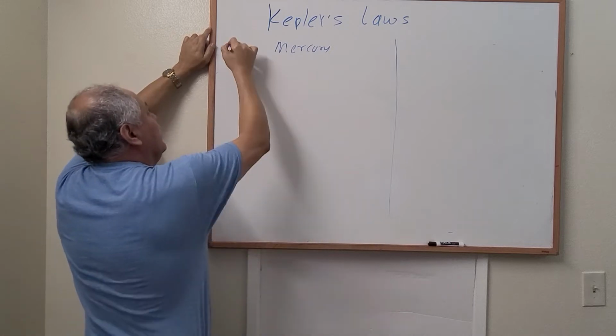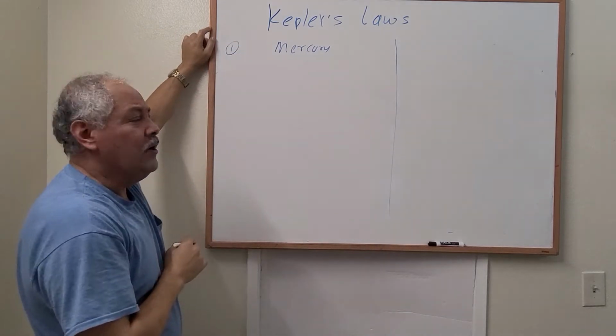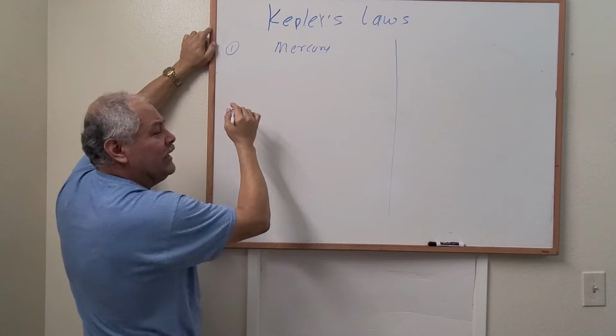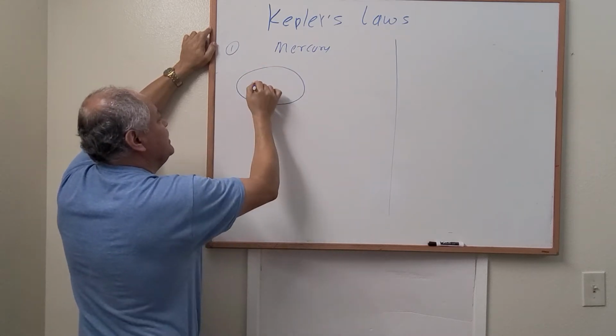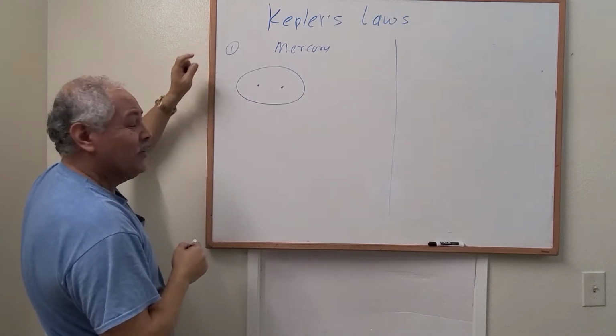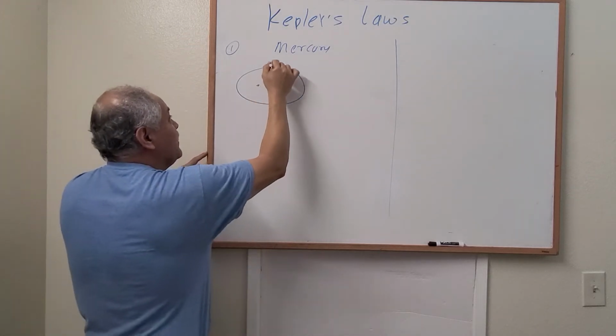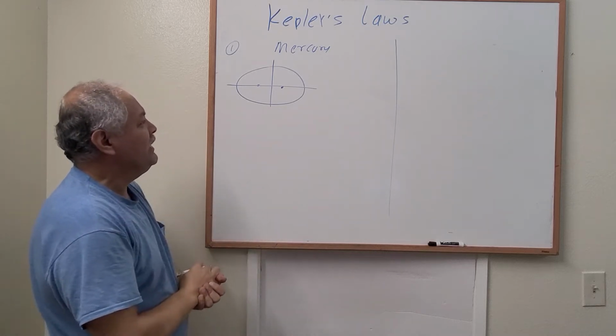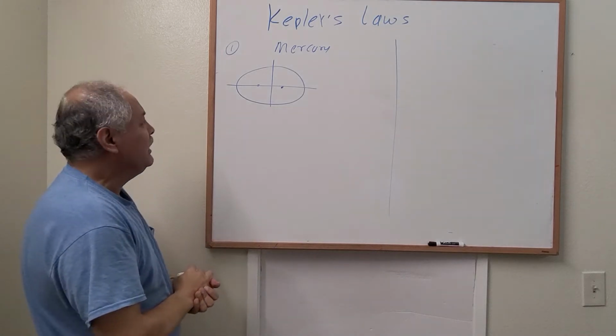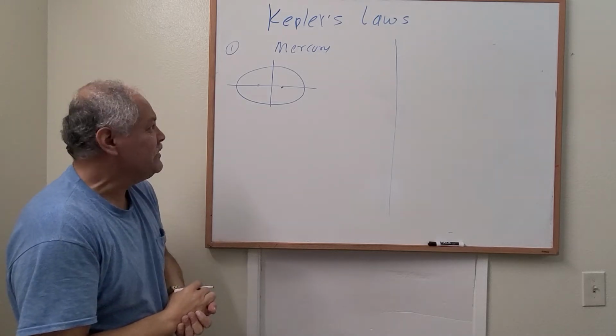This is for Kepler's first law. When we create an ellipse, like in this case, imagine we have these two focal points, correct? Now, we also create those lines that are very important in the construction of ellipses.